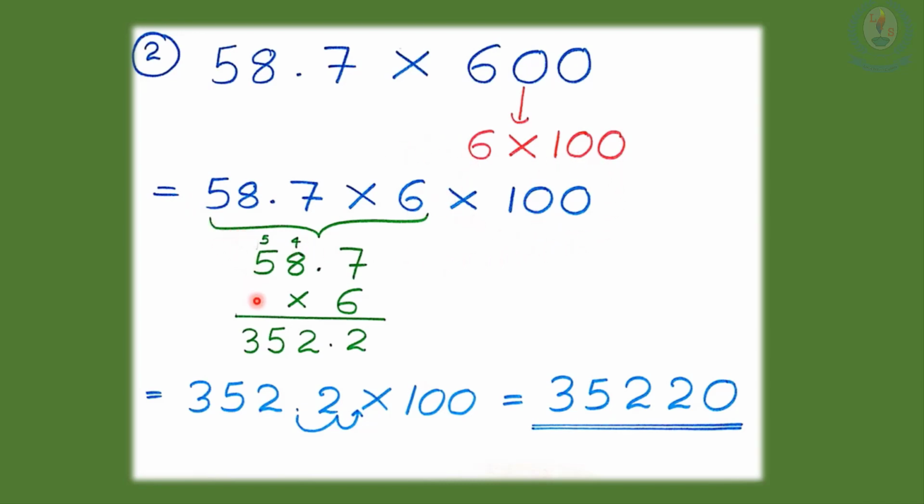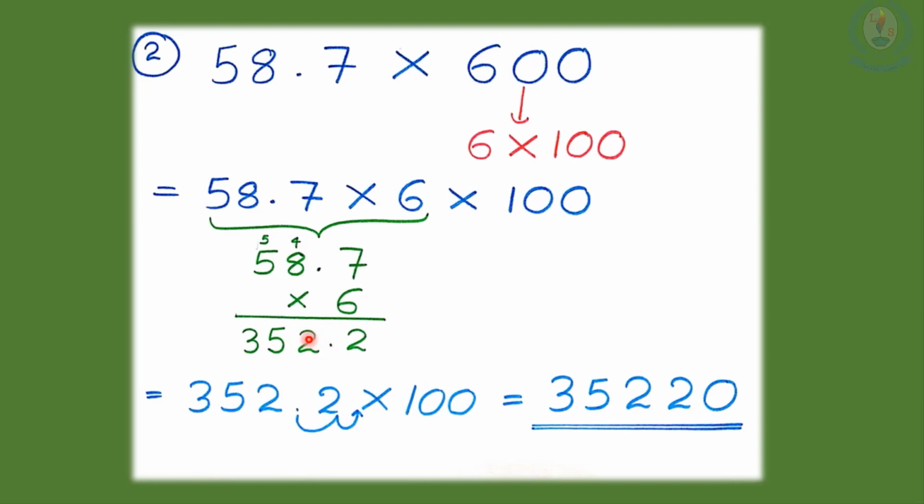Right? Here we have to multiply 58.7 by 6, or by a whole number. Then 6 times 7, 42. From 42 we are writing here 2. That 4 comes there. Then 6 times 8, 48. 48 plus 4, 52.